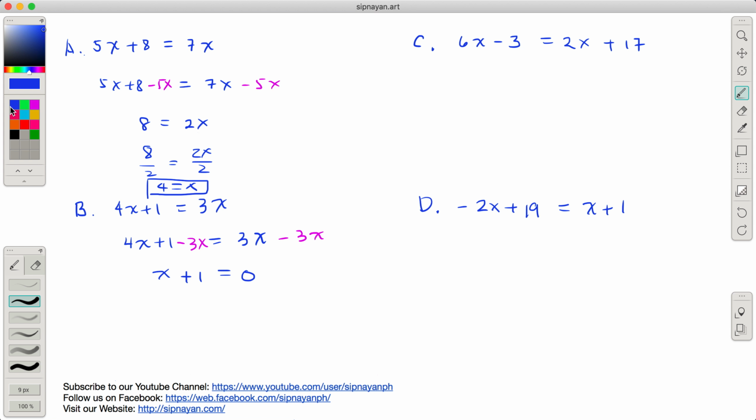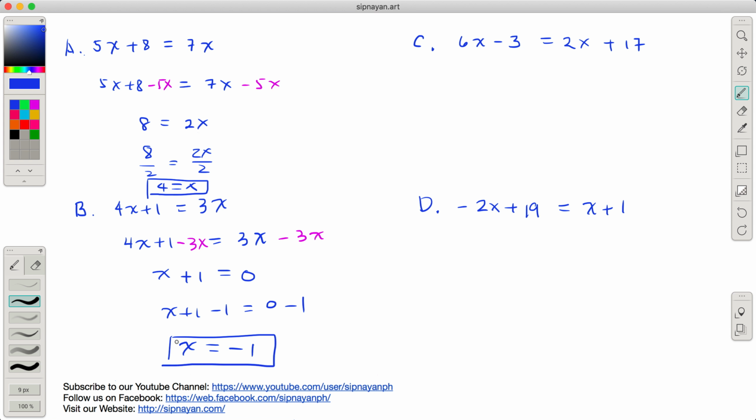So, ang gagawin natin is magma-minus 1 tayo. X plus 1 minus 1 equals 0 minus 1. Para tayo nag-minus 1. So, this is x equals, what is 0 minus 1? That's negative 1. Okay? So, this is the answer.